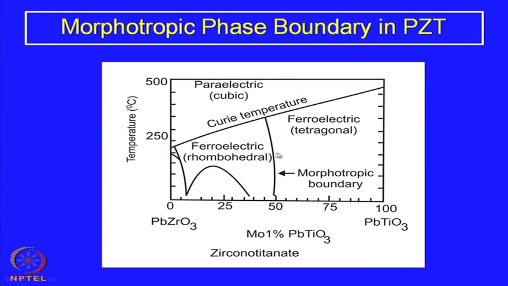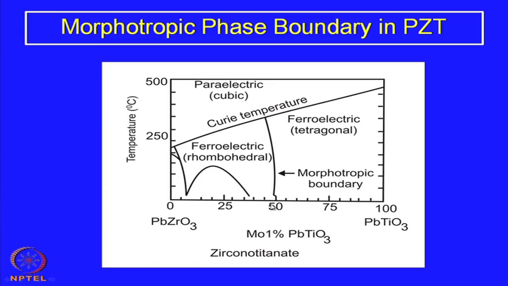the ferroelectric to non-ferroelectric phase boundary at around 50 mole%. When you mix about 50-50, you have both ferroelectric phases. Before that you have a rhombohedral phase, and with a higher lead titanate content it goes to the tetragonal phase.